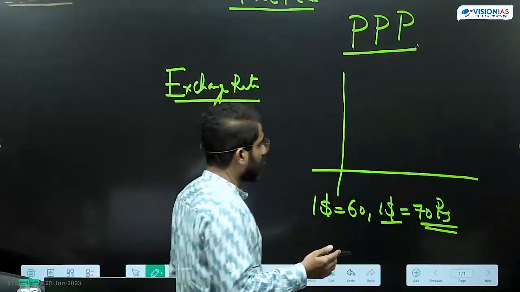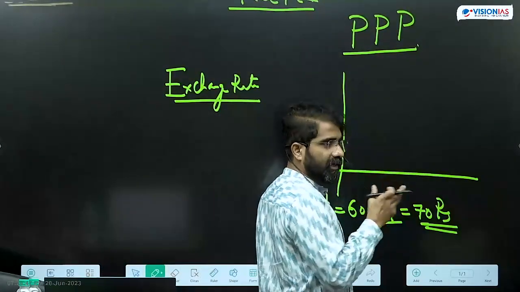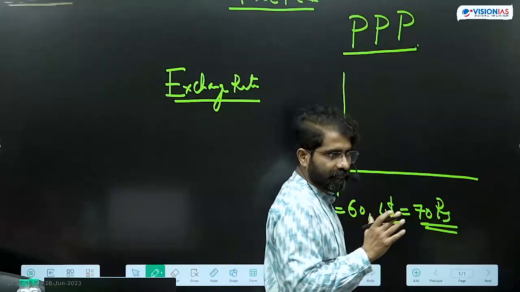We have drawn a basic demand graph and a basic supply graph earlier.